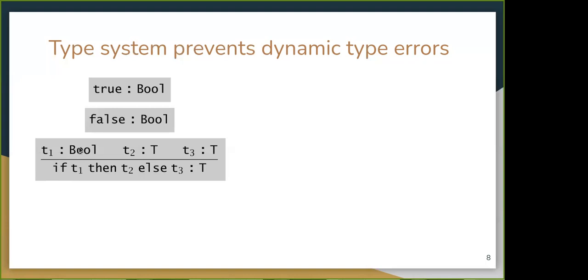So that's one requirement. And then we also want to know that the branches will do something reasonable, so we can approximate them with some type. And then we say, well, if we know that both branches will evaluate to the same kind of value, then we know that the entire if expression will evaluate to this kind of value. So this is a static approximation of program behavior.